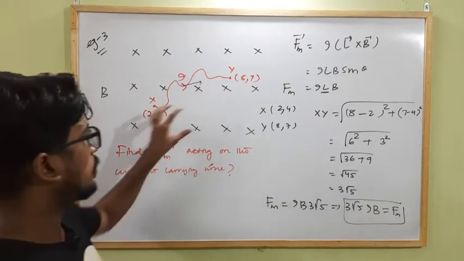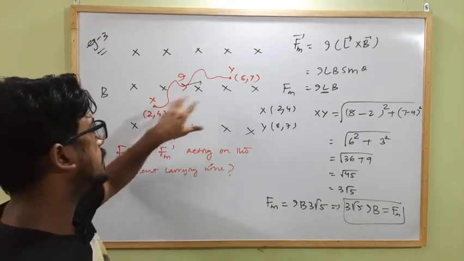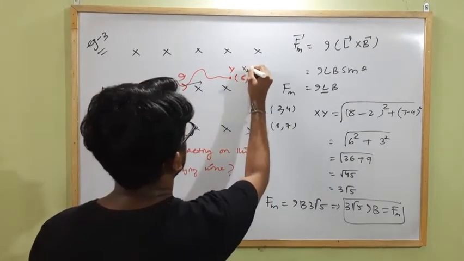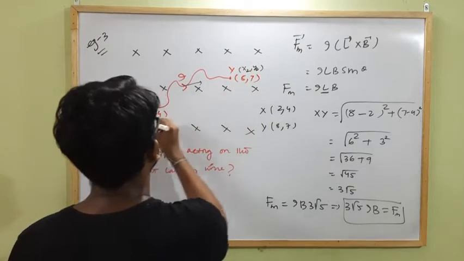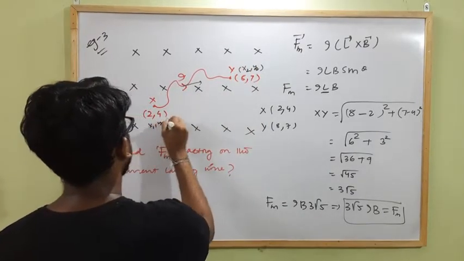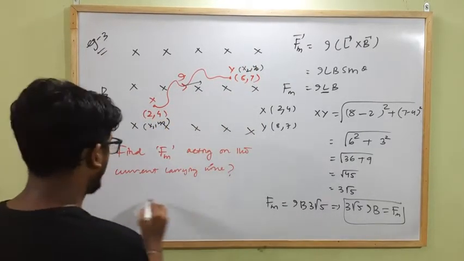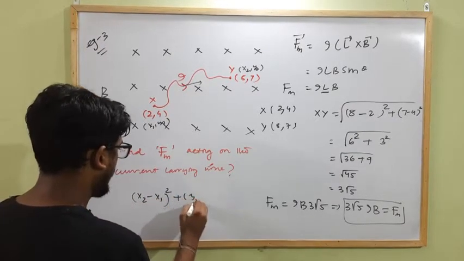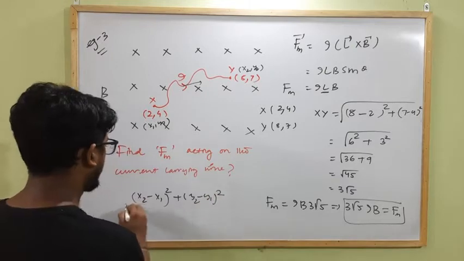You know how to find the displacement vector from initial to final position: if this is (x2, y2) and this is (x1, y1), the displacement is the square root of (x2 minus x1) whole square plus (y2 minus y1) whole square.